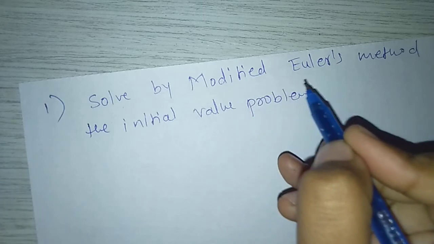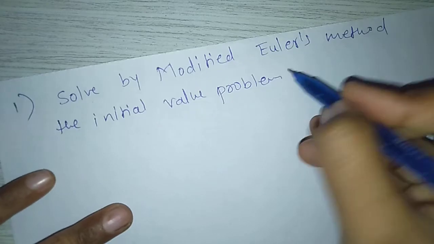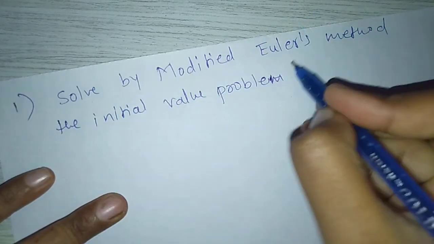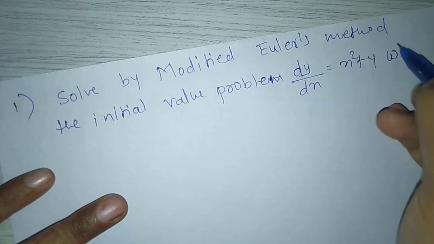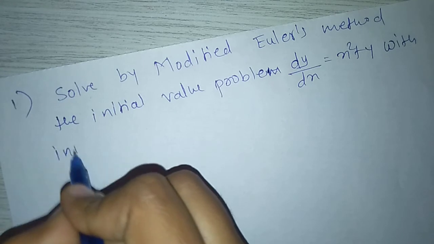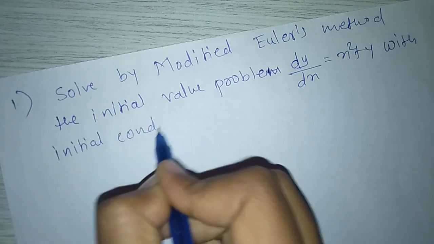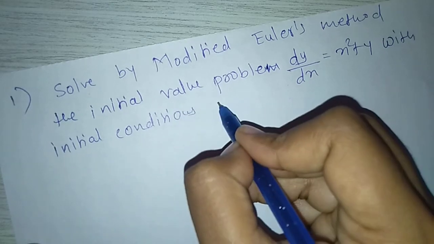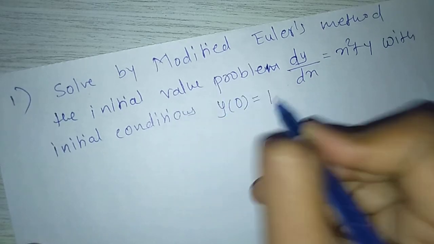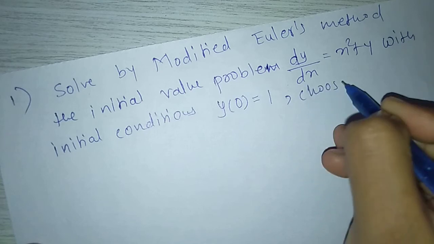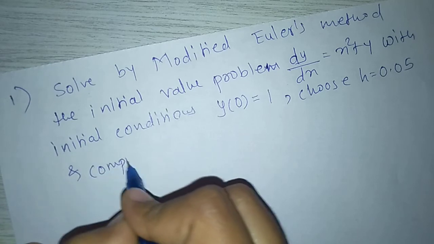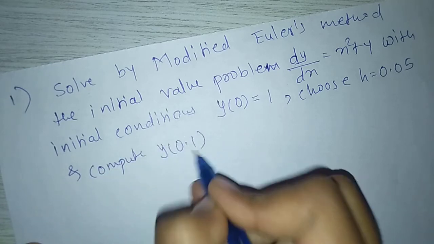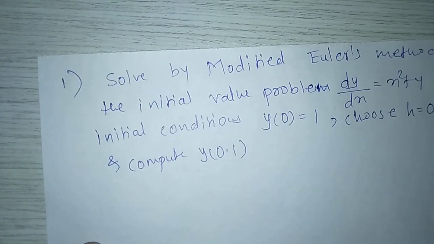The initial value problem is in the form of the differential equation dy by dx equal to x square plus y, with initial condition y of 0 equal to 1. Choose h equal to 0.05 and compute y of 0.1. Use the same method as the previous example.